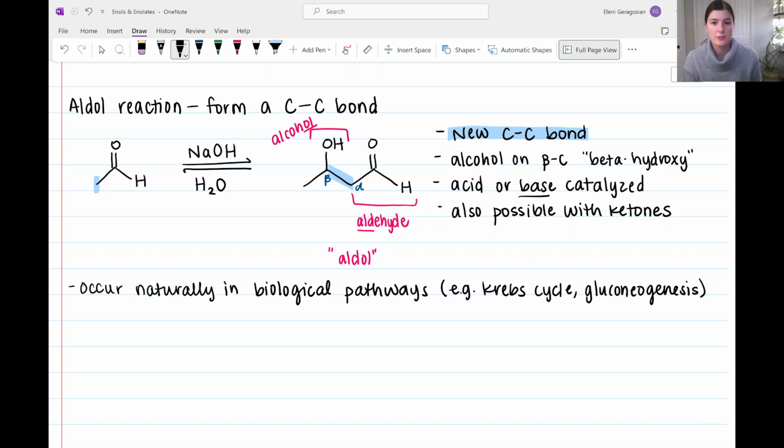So there are two examples of where the aldol reaction occurs in biological pathways. It's also widely used in industry.